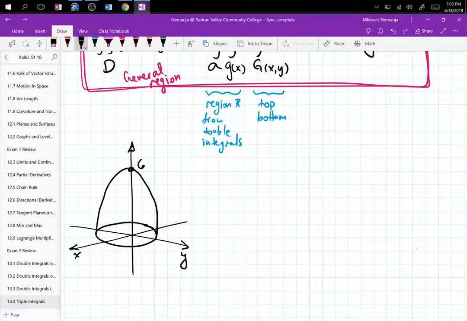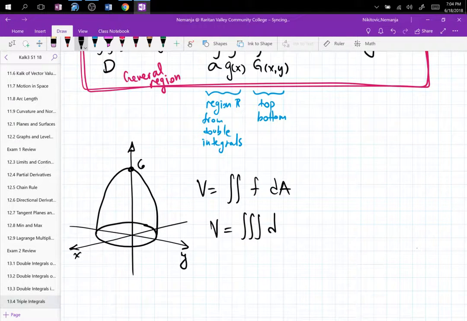So, guys, I'm going to set up the double integral and the triple integral for this shape. The double integral for this shape, in order for me to compute the volume, we'll have to have a function inside, and the triple integral will go without a function inside, because a triple integral is already three variables. A double integral requires a function in order to bump up to three dimensions.